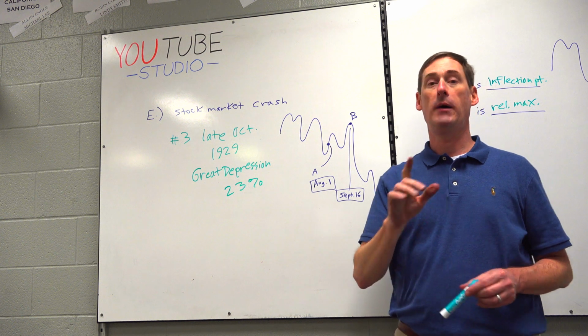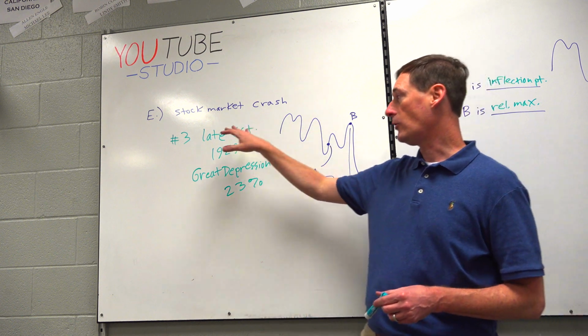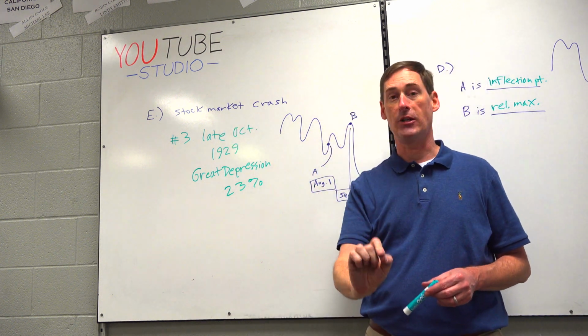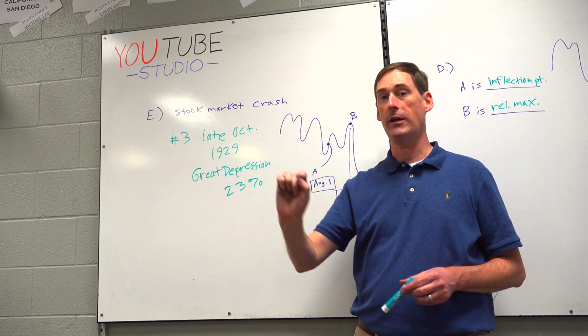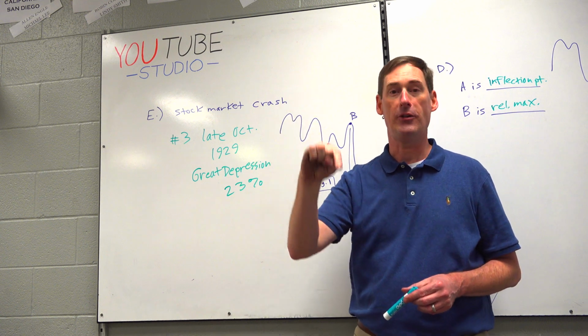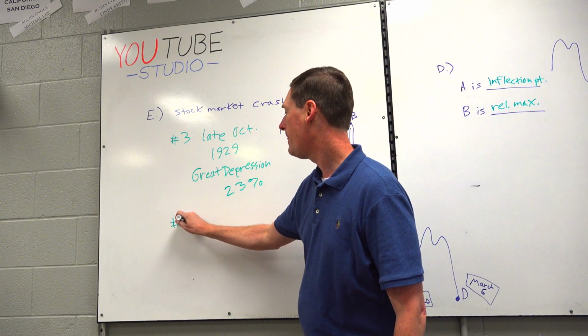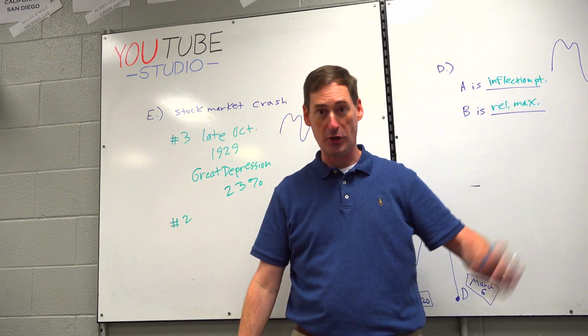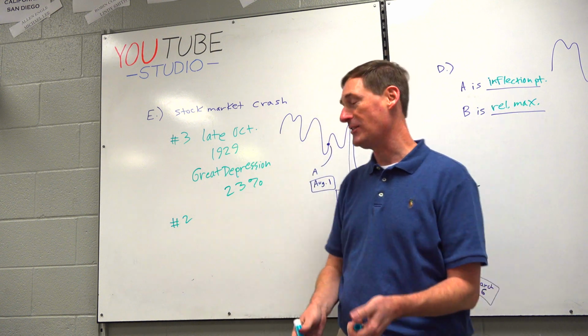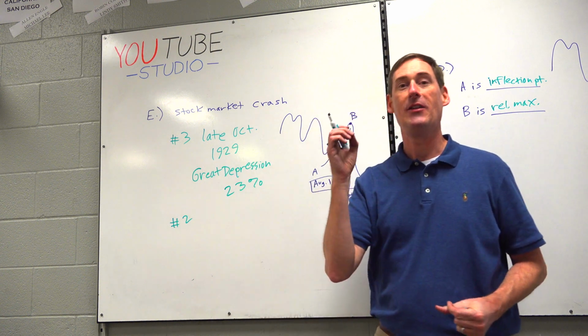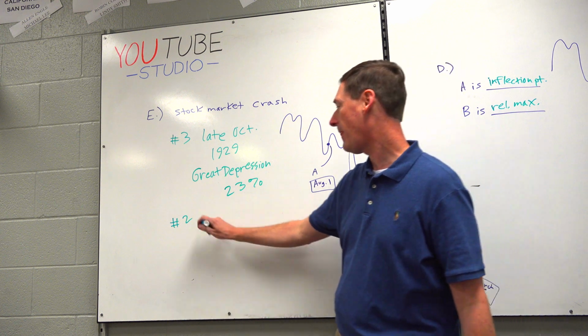All right, but it gets worse. The Great Depression was the second worst stock market crash until this year, 2020. And I'm recording this. If you're watching this in the future, I am recording this in 2020. All right, so this is very much a current topic. The coronavirus pandemic.